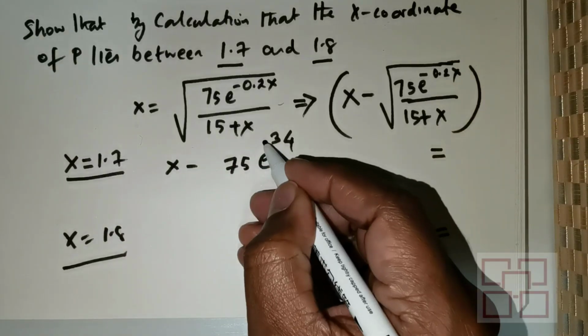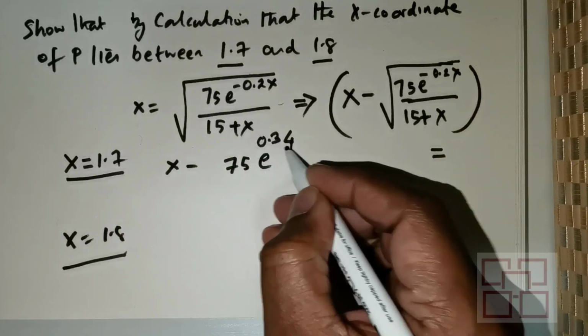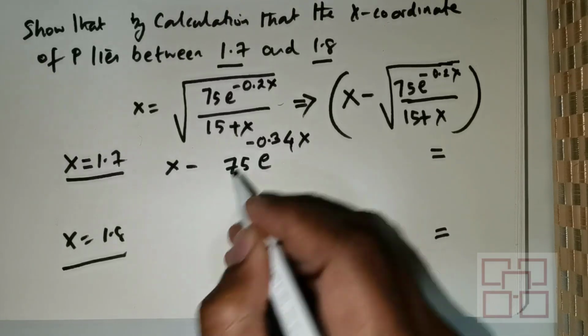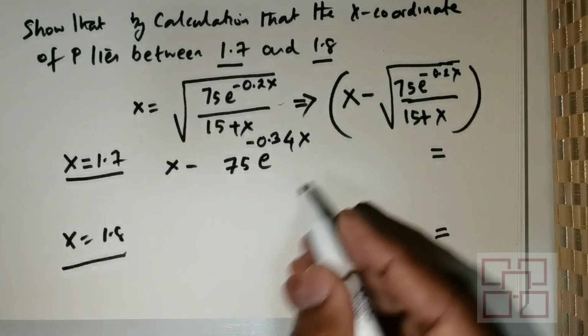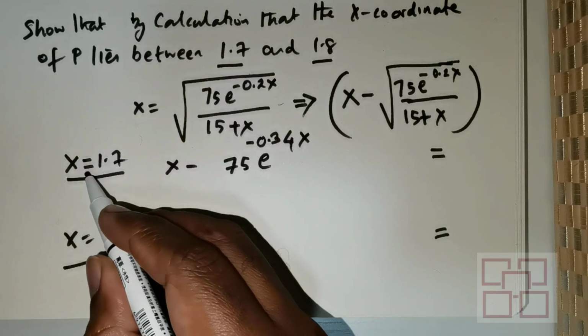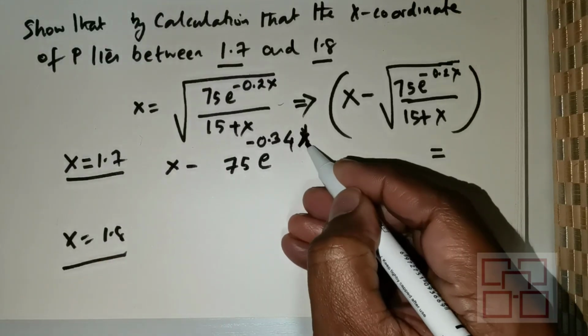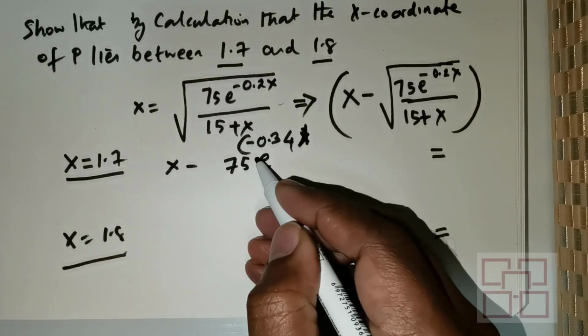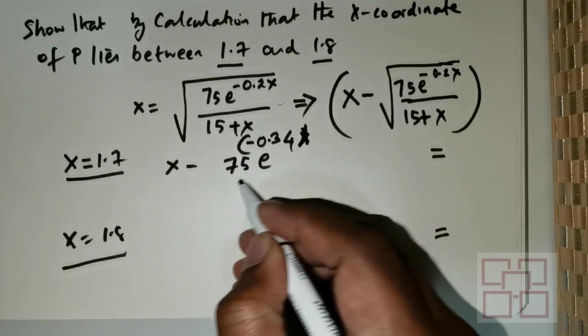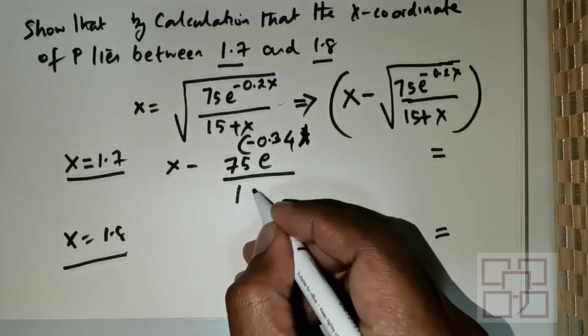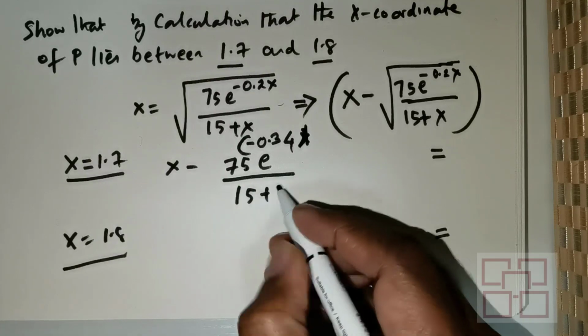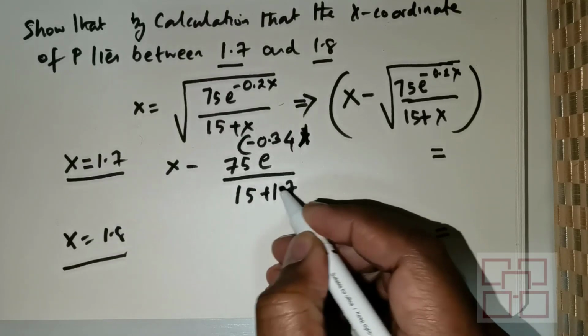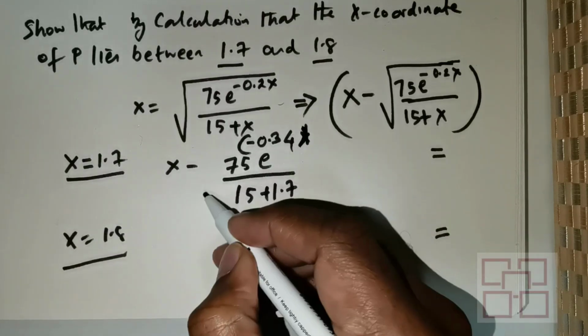Of course, a negative sign is there. But we have actually substituted for x, so we don't need to place that x there. So we have to find the value for e raised to the power negative 0.34 divided by 15 positive, and in place of x we substitute 1.7. Now, this is taken as a square root.